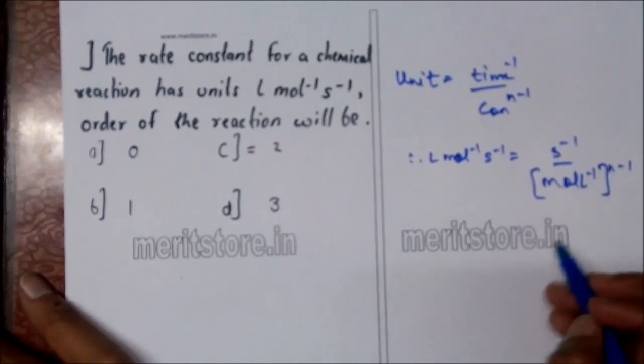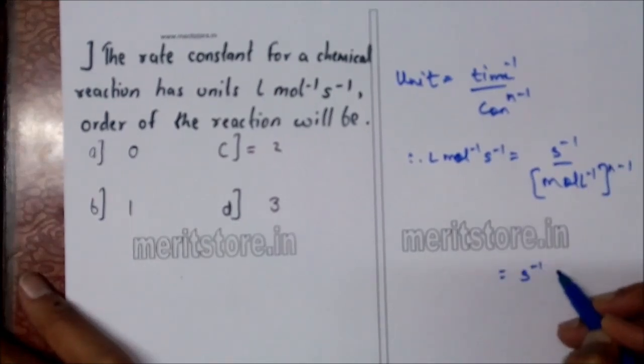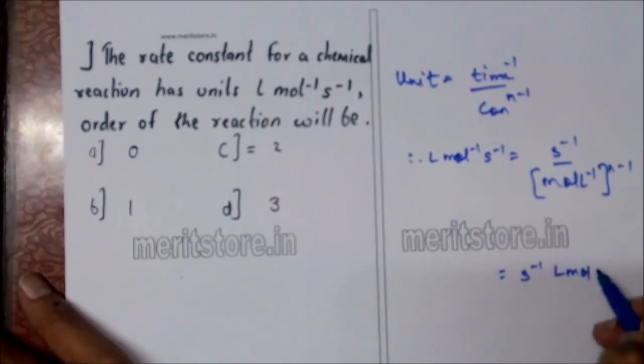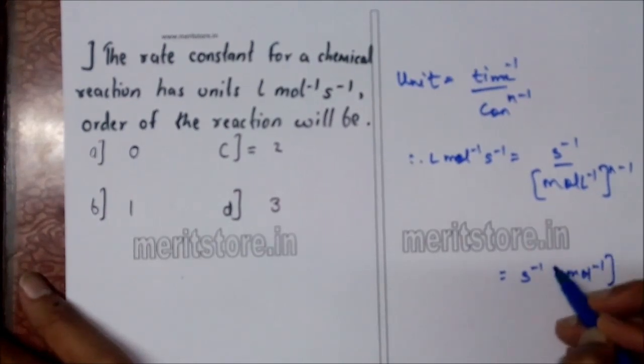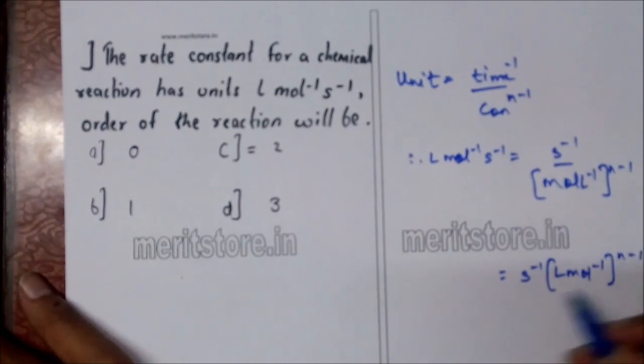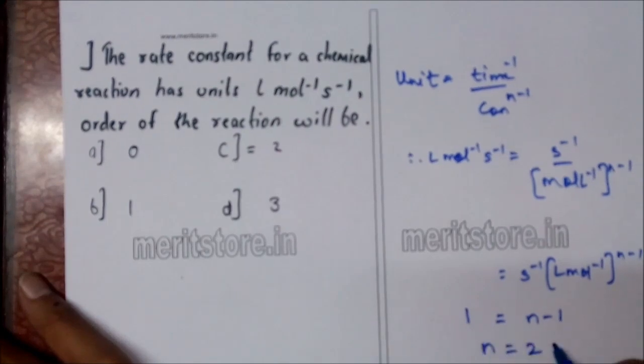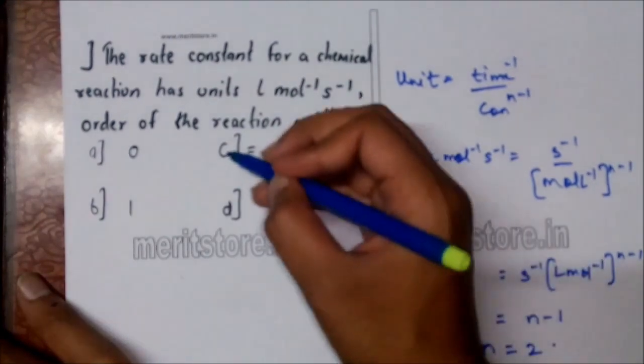So we can write this as s raised to minus 1 upon mole per liter raised to n minus 1. 1 is equal to n minus 1, where n is equal to 2. So option C is the correct answer.